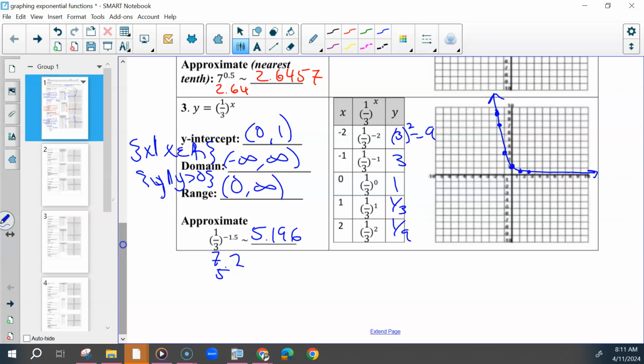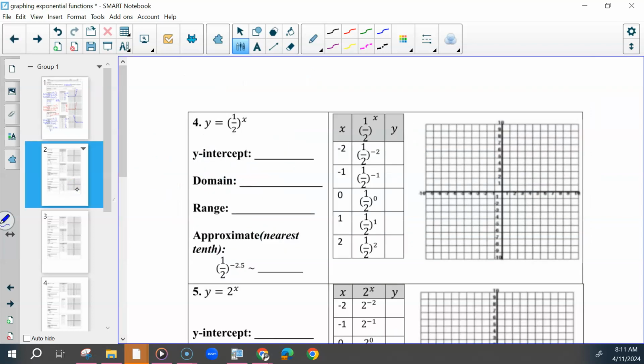Alright, we're gonna do one more today and then we're gonna do some more tomorrow. Go on to the next page. We'll do one more of these types.